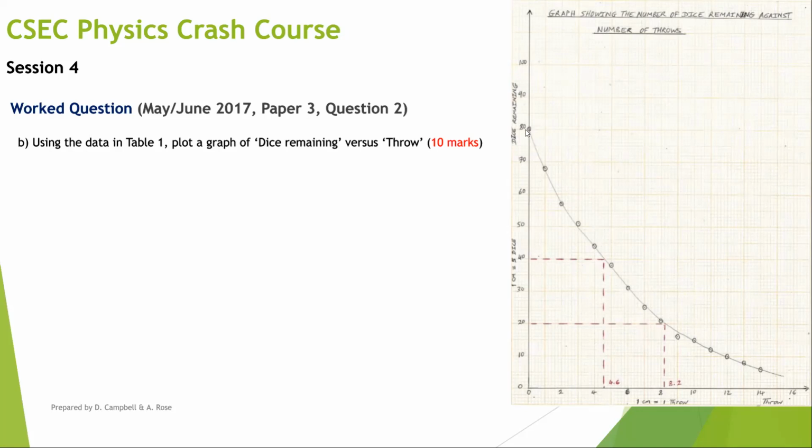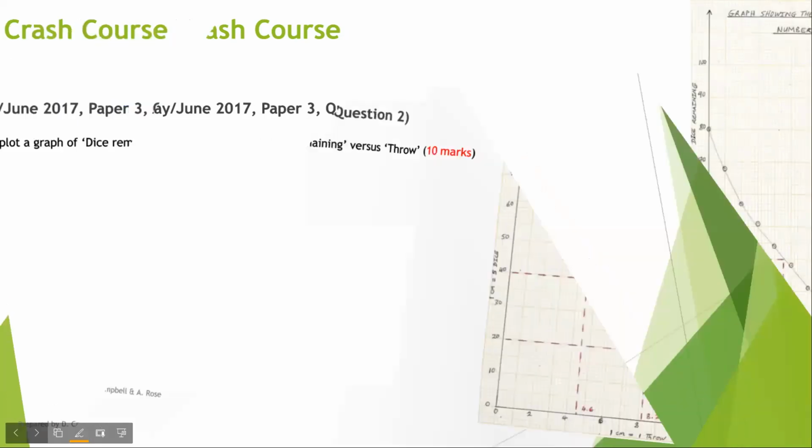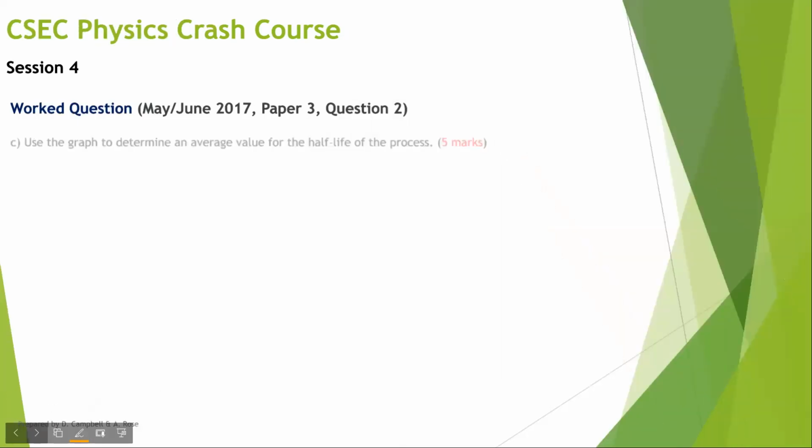Now the next part of the question speaks to half-life, and notice that we will come back to the graph. All right, so we're asked to use the graph to determine an average value for the half-life of the process.